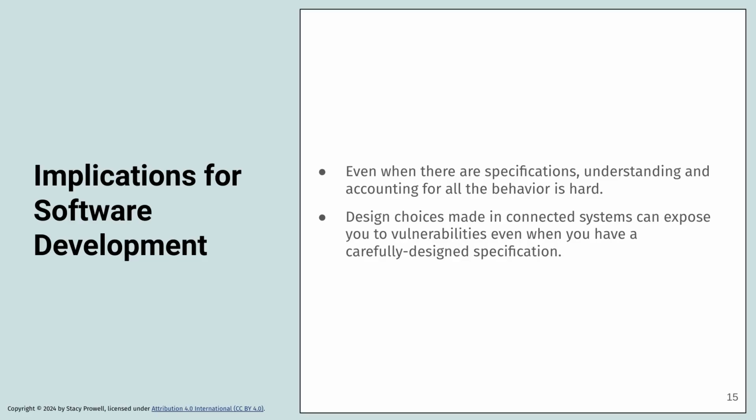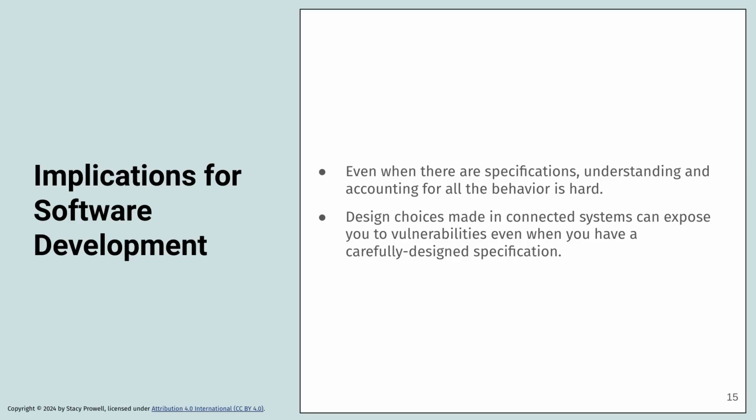So what are the implications for development from this? Well, even when there are specifications, and you've taken pains to document the behavior, understanding and accounting for all the behavior of a computer system is hard. Before this, did you know that 0.0.0.0 was localhost? How would you have known it? Why would you have known that?